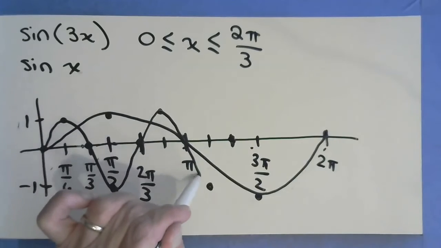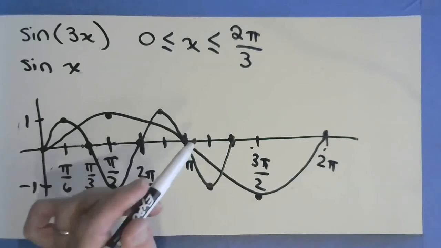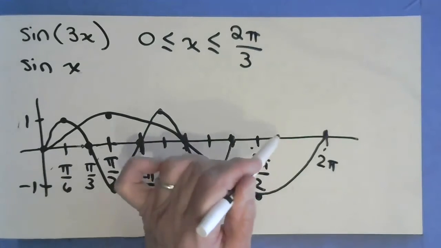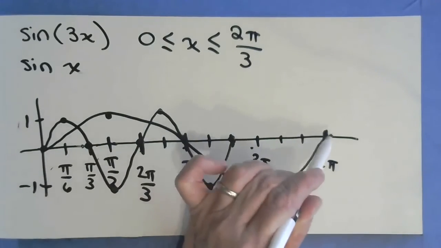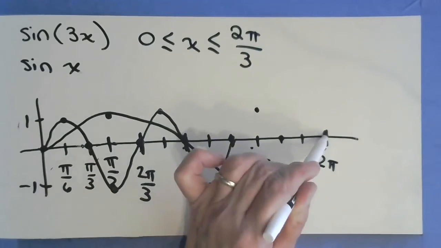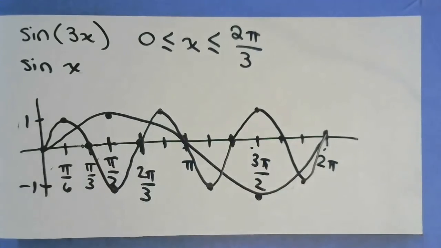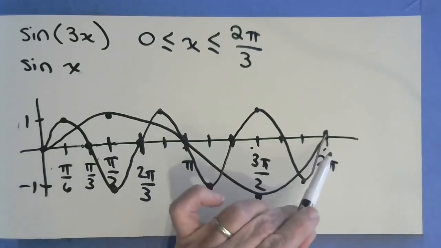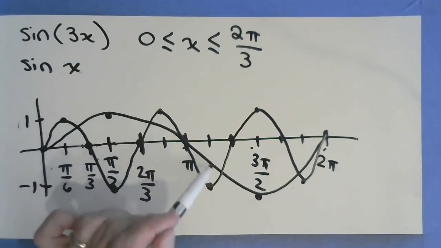And then the same thing here. Oh, we got to put in our 5 key points. 1, 2, 3, 4, 5. 0, up, 0, down, 0. There. So now we've done sine of 3x all the way through the same cycle, or the same distance as the cycle for sine of x, which goes there.